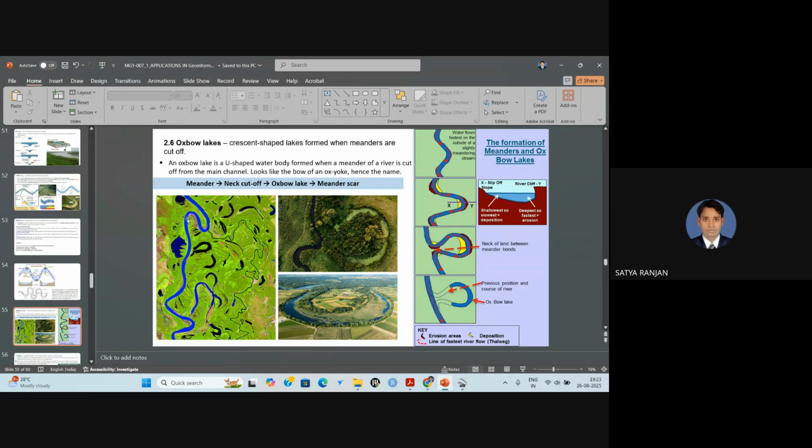So if this is the present river shape, then after some 100 years or 50 years, it cuts off from the main channel and connects directly to this, and it creates some oxbow lakes. So in the lower areas, most of the time a river changes its course due to different factors.